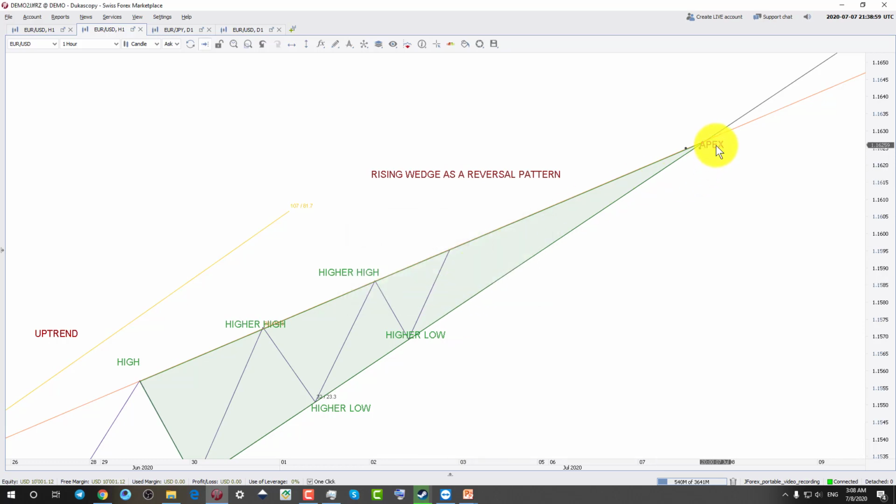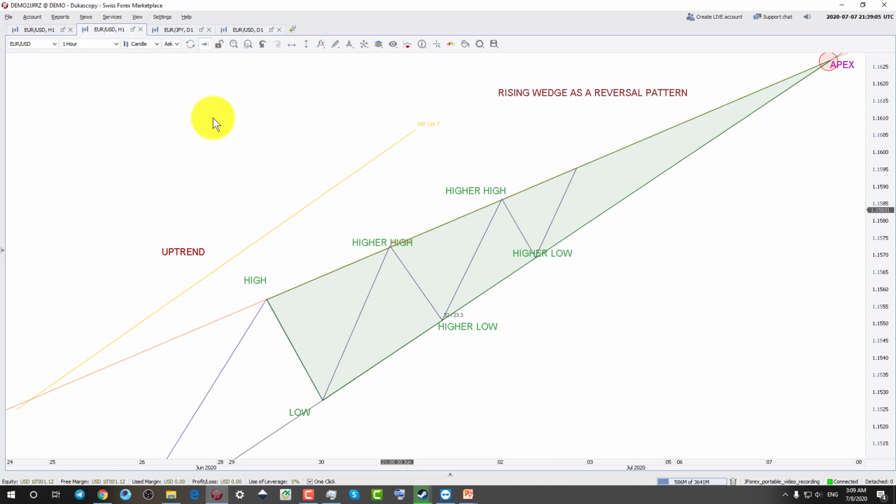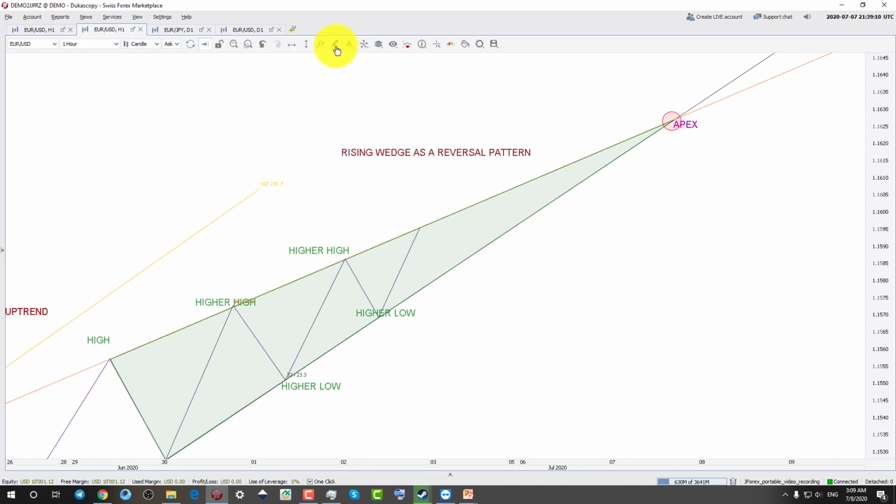So this is the apex. Now near the apex, when this pattern breaks to the downside, then it is called a breakout.